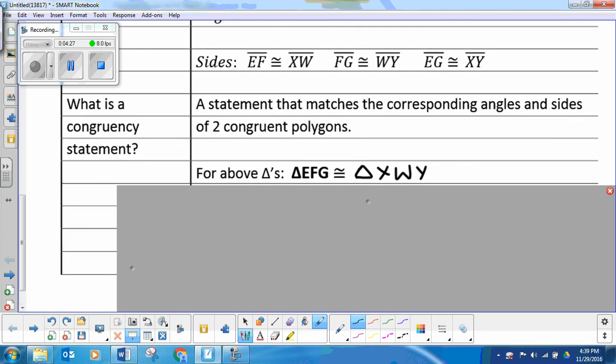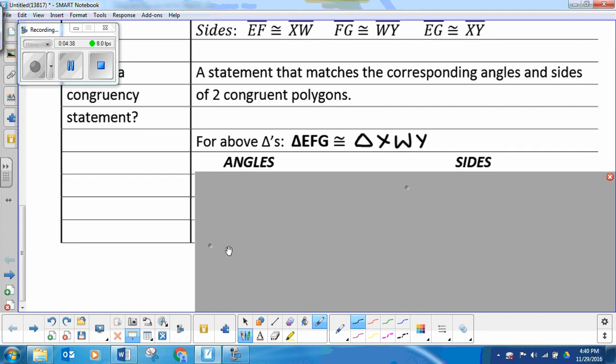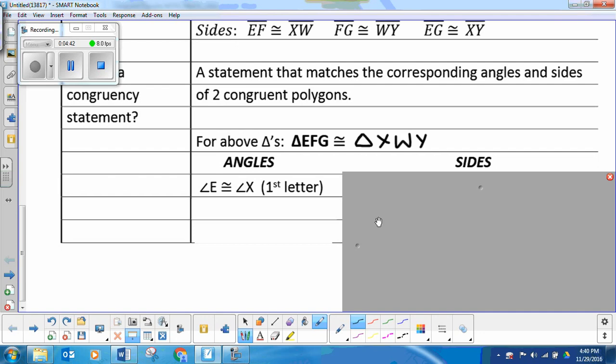Similar to above, just to keep this in perspective, if the only thing provided to me was that statement, and someone said, all right, what angles are corresponding? This is the way you want to keep it in check. Well, we know already that angle E is congruent to angle X. However, let's write this down: put first letter in parentheses next to that, because I want to make sure you all realize that anytime you're given any statement where there's two triangles showing congruency, the letters matter.